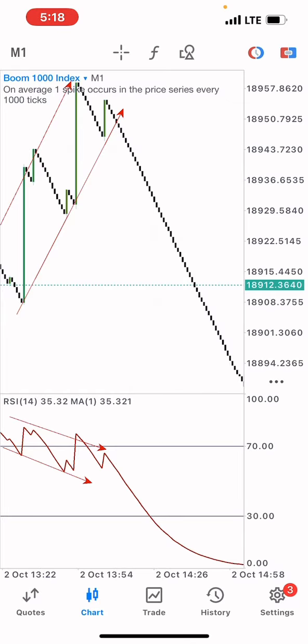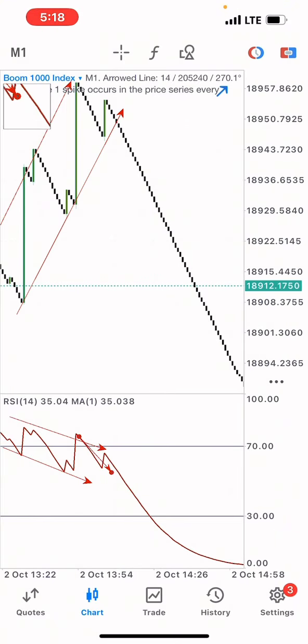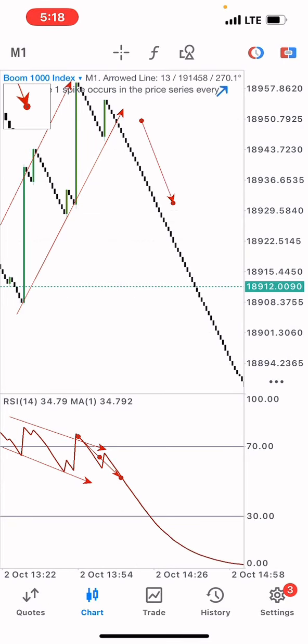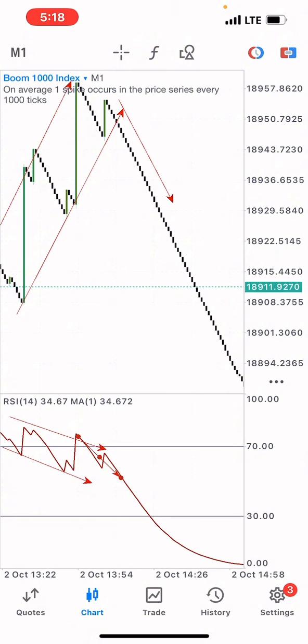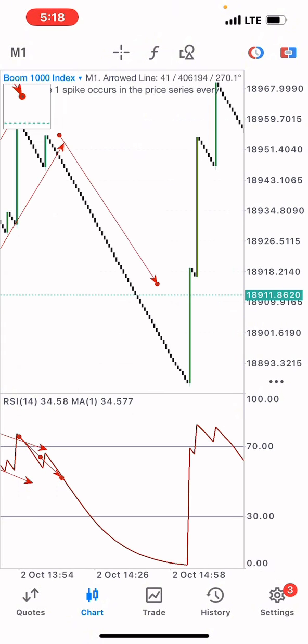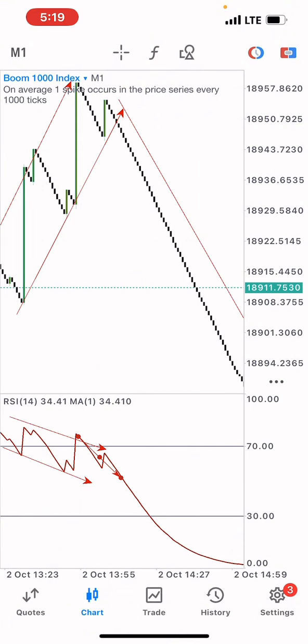Now we are looking at above level 70 of our RSI. And then we need to see price pull back into the level and then drop from there. If that happens, you'll be seeing a clear possible entry for a lot of profit. You can see how far down price came before there was ever a spike. You would have made a lot of profits and been out of the market before you know it.